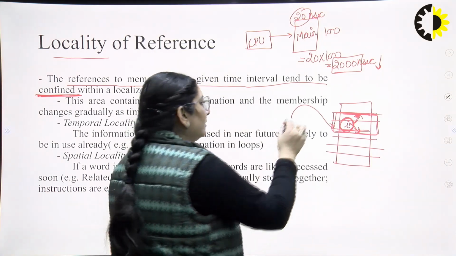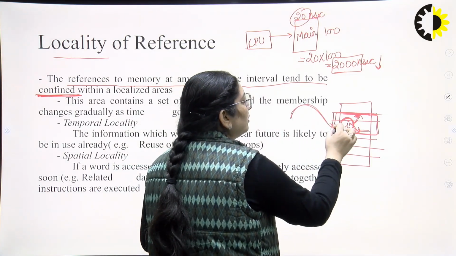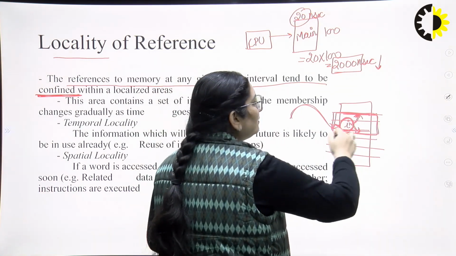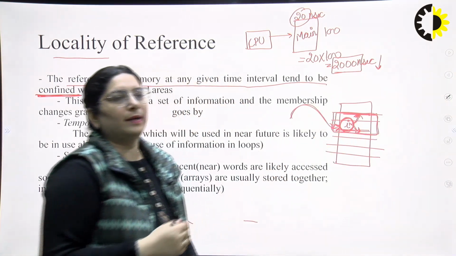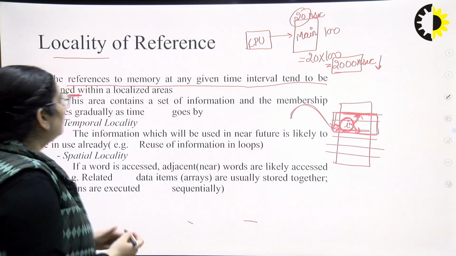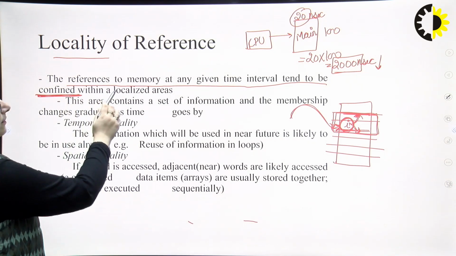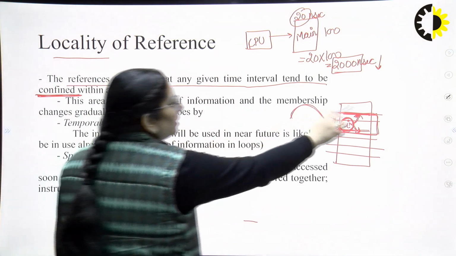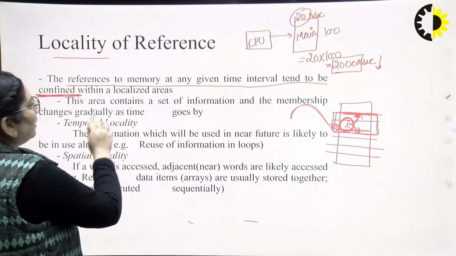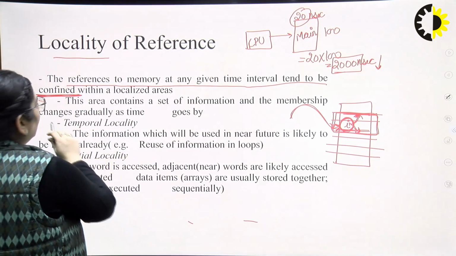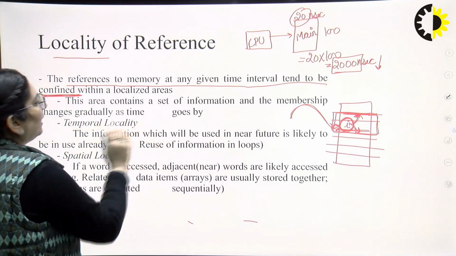Reference means the data item or the instruction to which the CPU made an access, and locality means the neighboring amount of this particular variable. So the references at any given time are confined within this much local area, and the area contains a set of information about the membership that changes gradually as the time goes by.